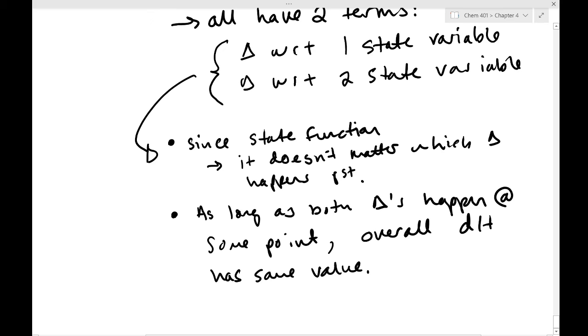Regardless of when they happen or how they happen, as long as they both happen, dH is always going to have the same value. This is the first principle of being a state function.